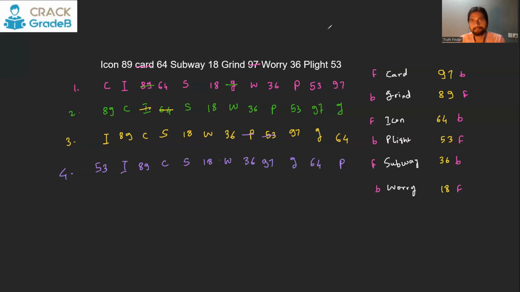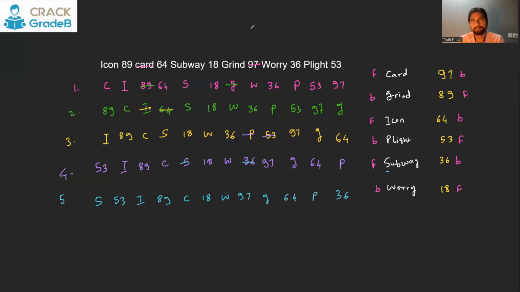In the fifth step, subway comes in the front and 36 goes in the back. The remaining stay as they are: 53, I, 89, C, 18, W, 97, G, 64, P.